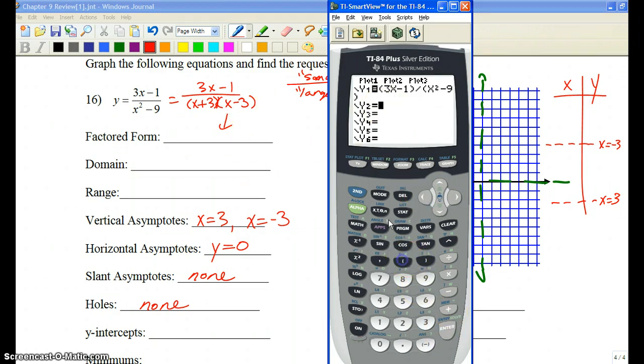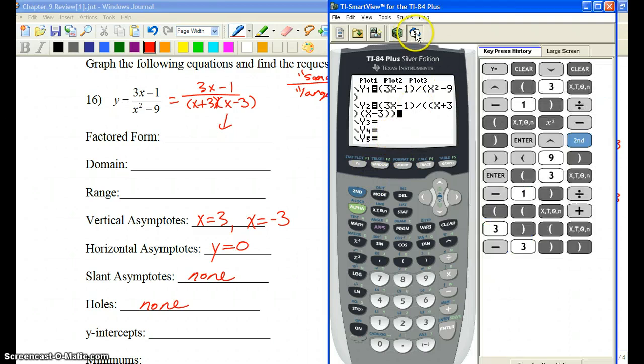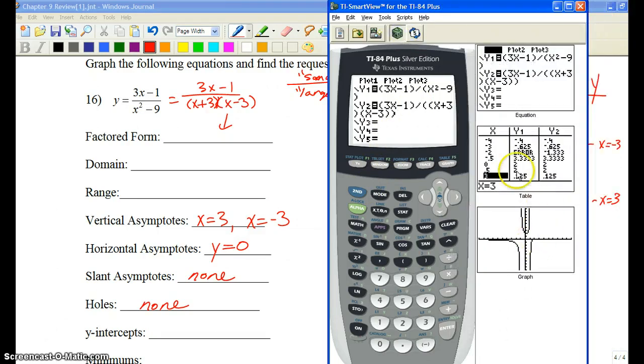Oops, typed it in wrong. So then I'm going to put the factored form in here. Okay, and then I'm going to check my table after that gets in there. It looks like I factored it correctly and I typed both in correctly.